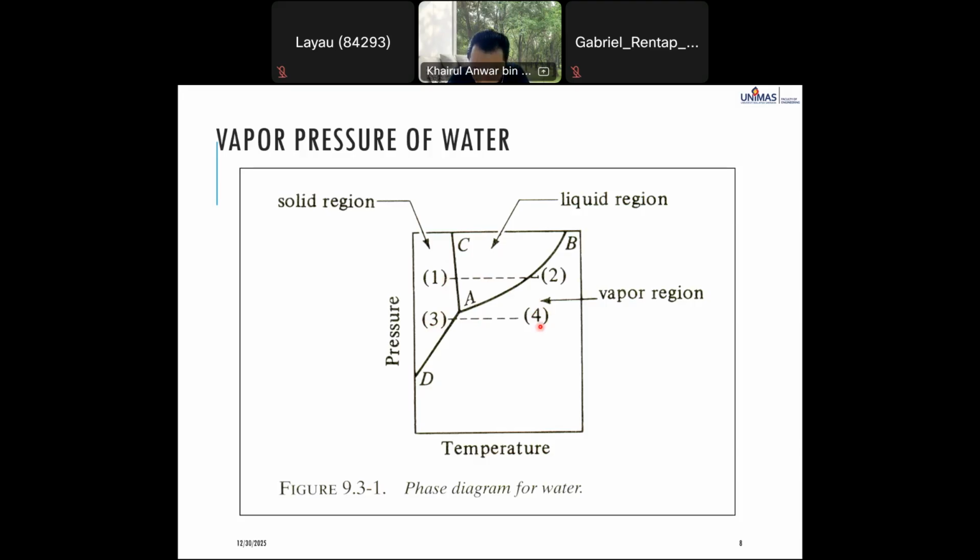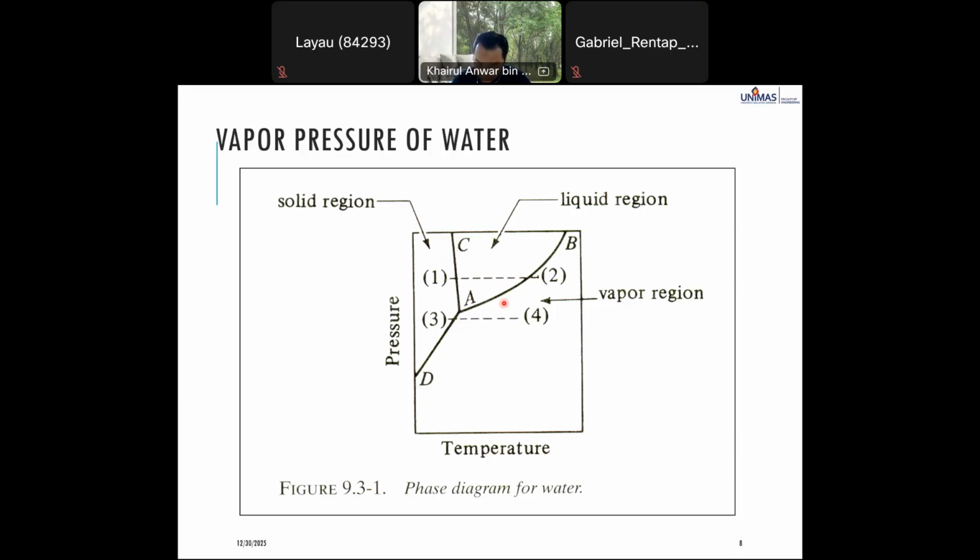Liquid and vapor coexist in equilibrium along the line AB, which is the vapor pressure line for water. Boiling occurs when the vapor pressure of the water is equal to the total pressure above the water surface. For example, at 100 degrees C, the vapor pressure is 101 kilopascal, and therefore it will boil at 1 atm.